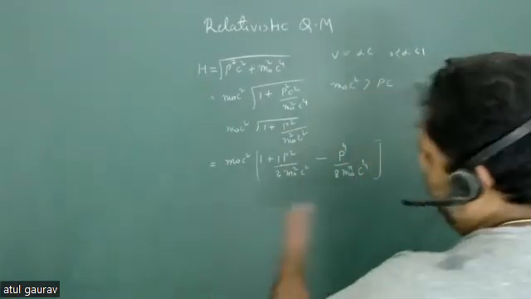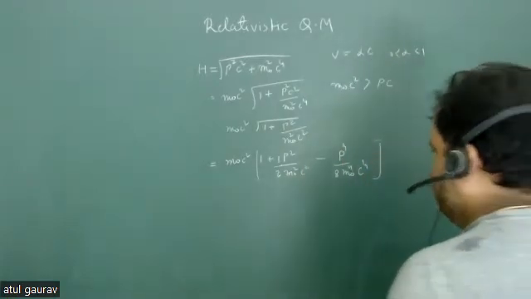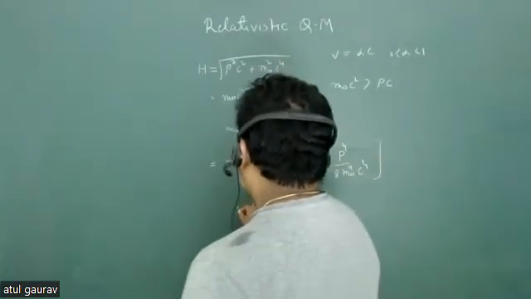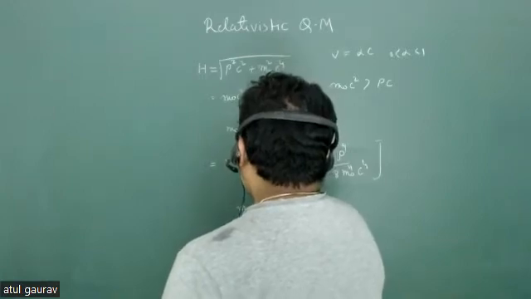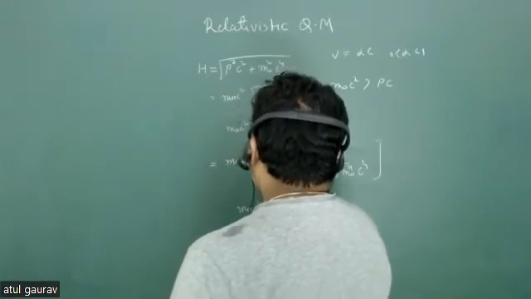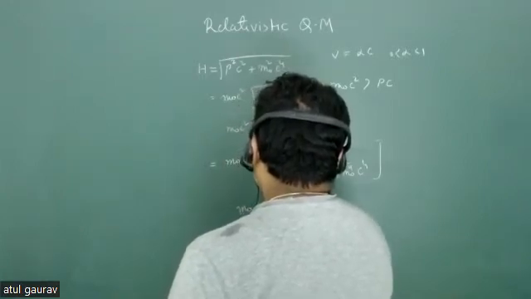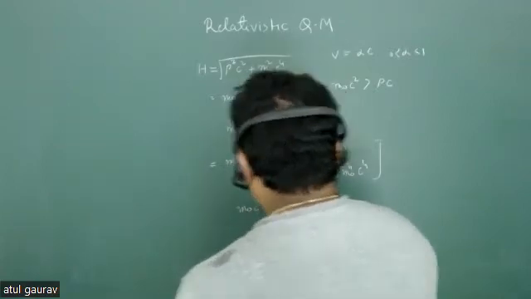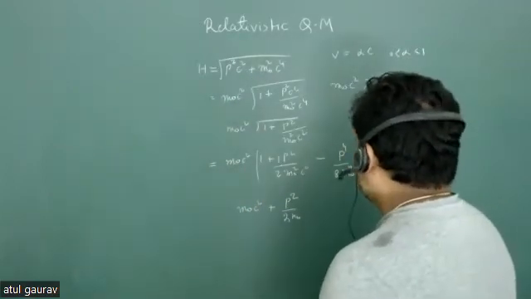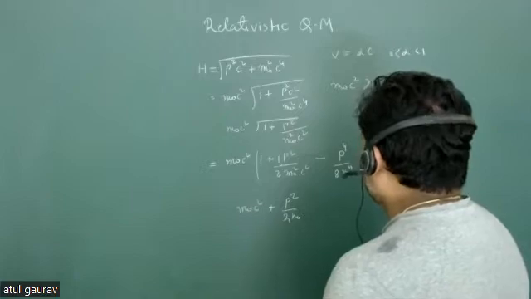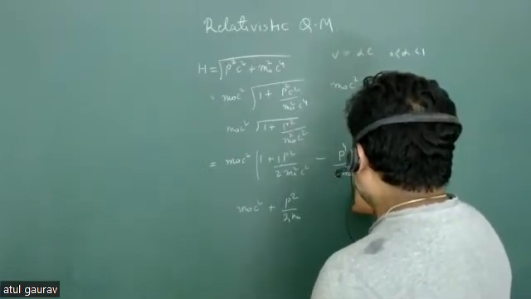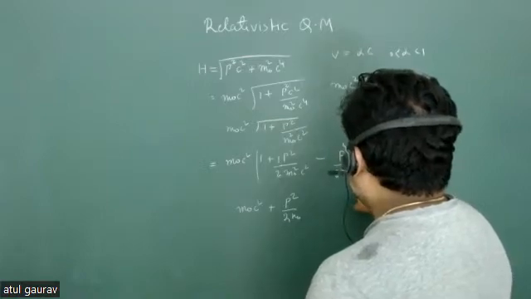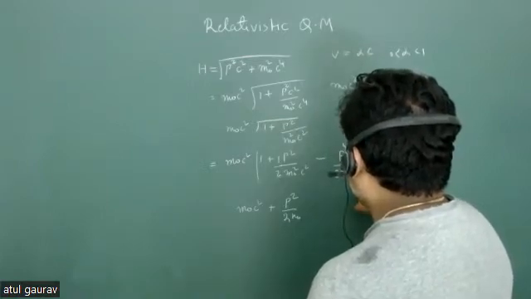So this is your Hamiltonian, and m naught c square is the rest mass energy, and you have p square upon 2 m naught. Sir, it will be c to the power 8. How will it be c to the power 8? Sir, in the denominator. Oh okay, you squared both, and I cancelled c square.